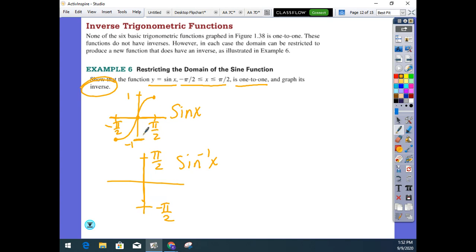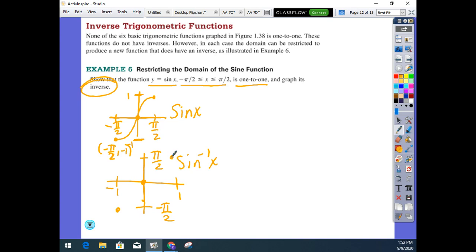Since the y is negative 1 to 1 on the original, for the inverse, the x becomes negative 1 to 1. So this point here, negative pi over 2, negative 1, just flips: negative 1, negative pi over 2. 0, 0. Pi over 2, 1 goes to 1, pi over 2.